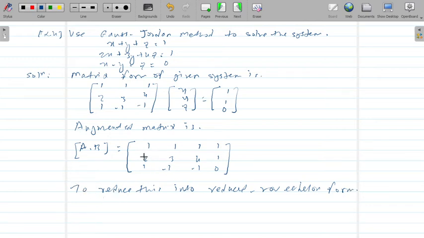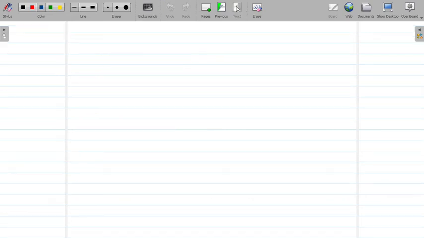So first reduce this matrix into echelon form. Now we want entries below A11 equal to 0. So apply R2 minus 2 times R1 and then R3 minus R1.